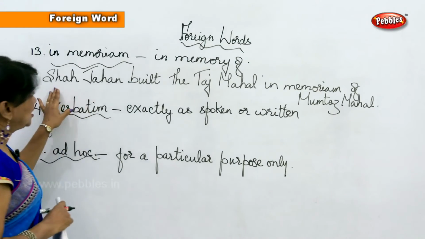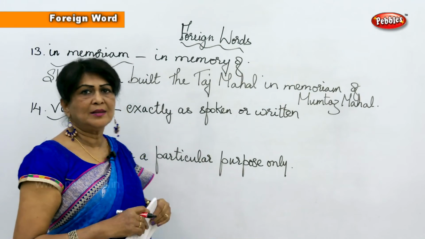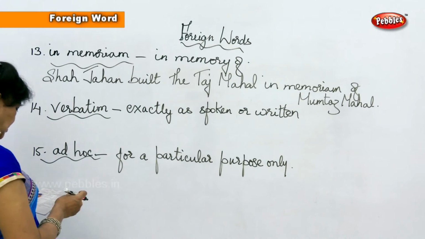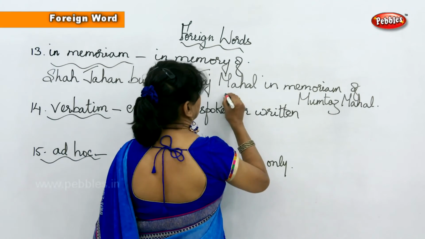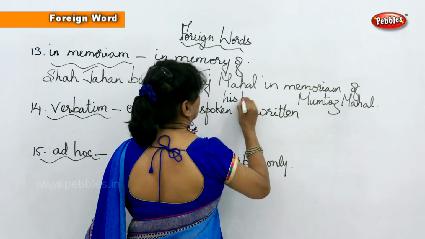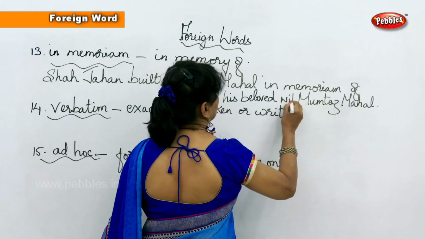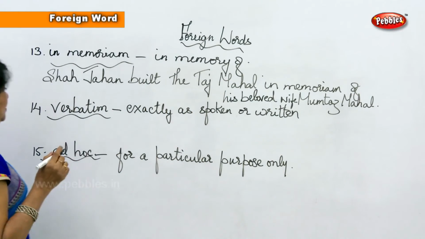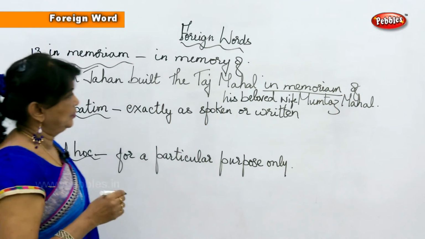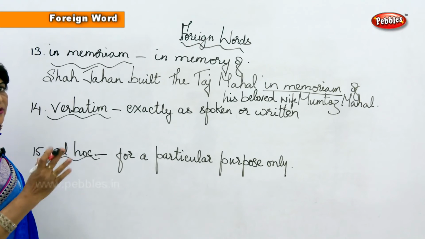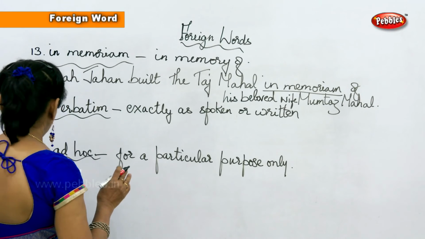Okay. Shah Jahan built the Taj Mahal in memoriam of Mumtaz Mahal. In memoriam of his wife, okay. So in memoriam is the word. So do you understand? In memory of. Next one, verbatim, exactly as spoken or written.